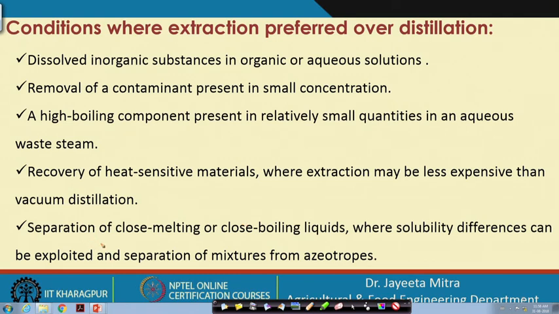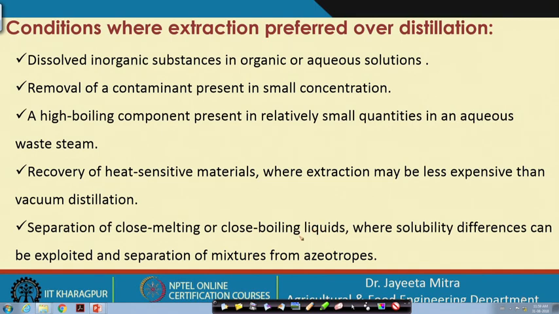Now, separation of close melting or close boiling liquids, where solubility differences can be exploited, and separation of mixtures from azeotropes. For these cases we definitely have to use the extraction process, because if they are close melting or close boiling liquids, distillation cannot be used to separate them.